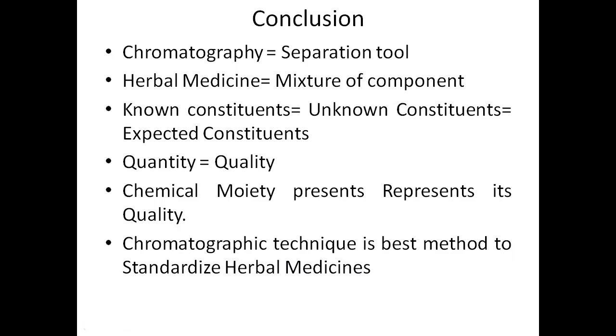That is why it is very important to understand the different chromatography with examples, so that we can explain or justify that chromatography techniques are very useful in the standardization of herbal medicines, right? Chromatography is one of the tools. There are so many tools, like physical, chemical, microscopical. But this is the most convenient and authentic tool to standardize herbal medicines, right?